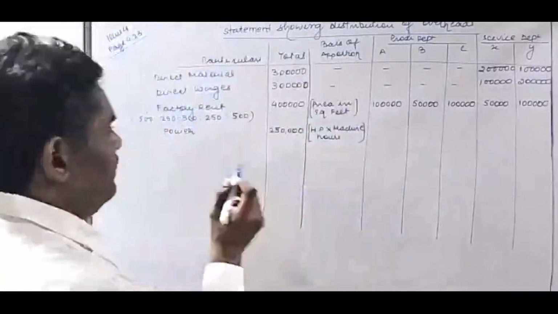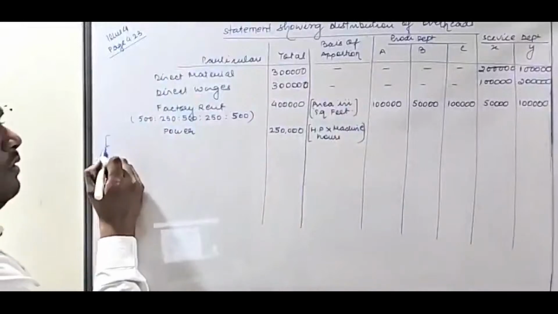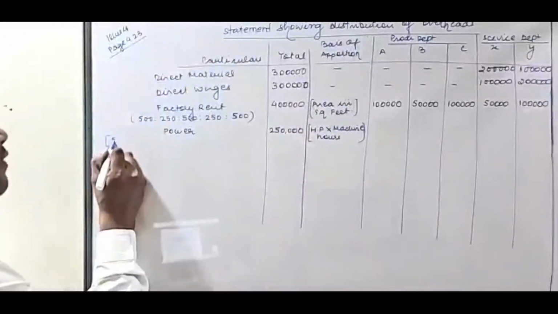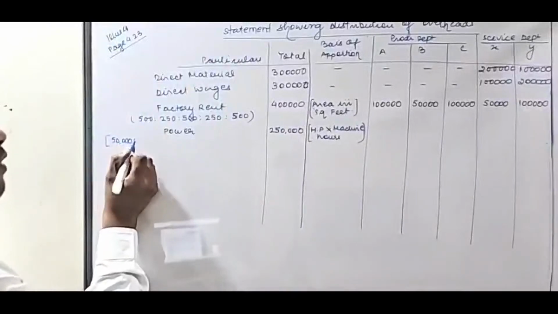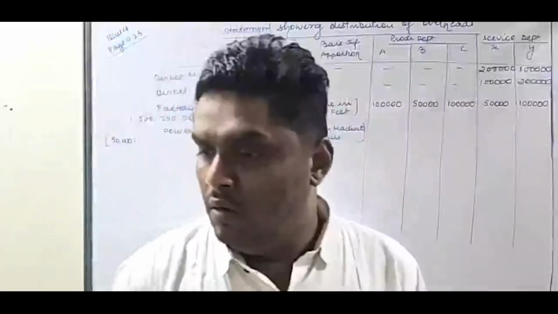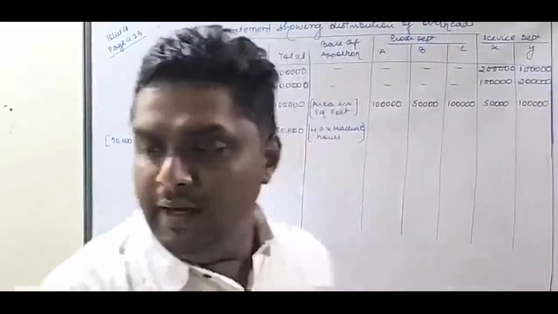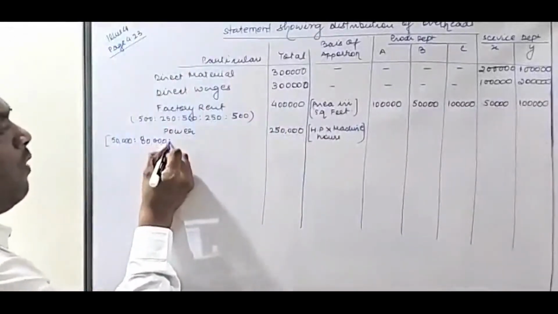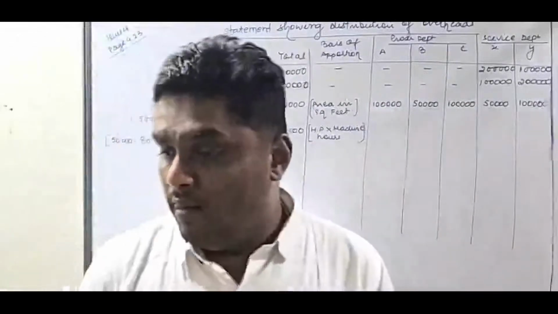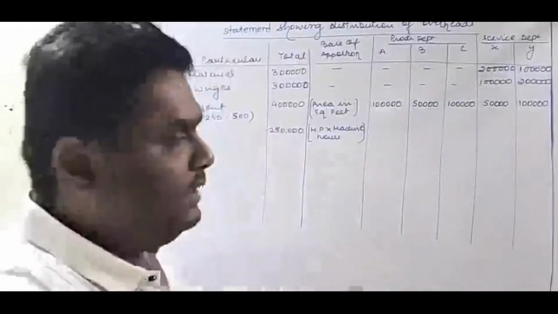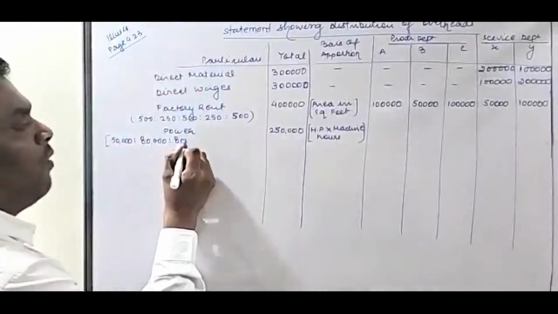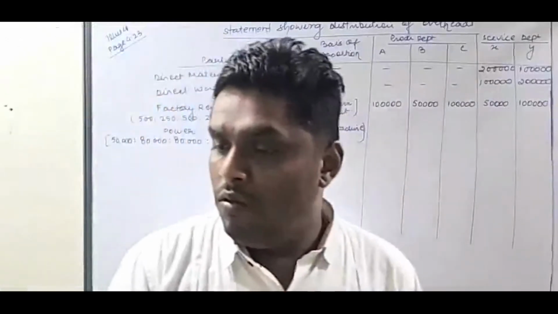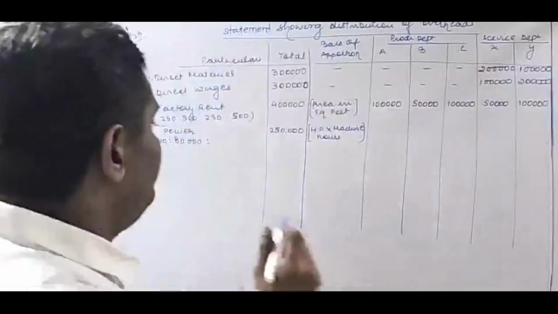So the ratio of distribution will be 50 into 1,000, that is 50,000, is to 80,000, is to 80,000, is to 15,000 and 25,000.